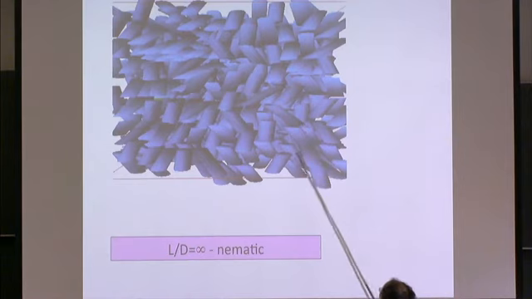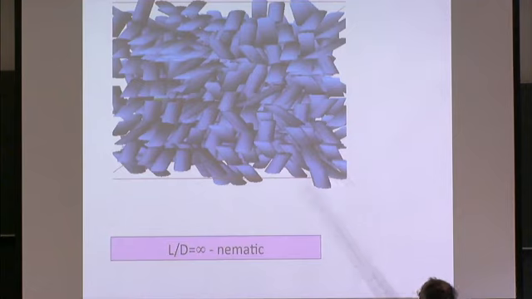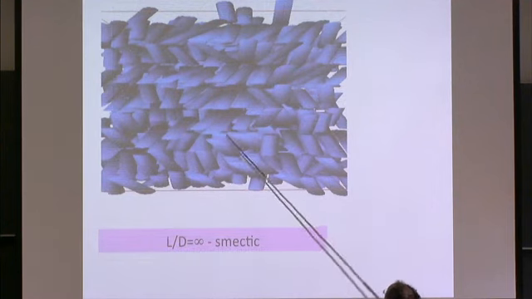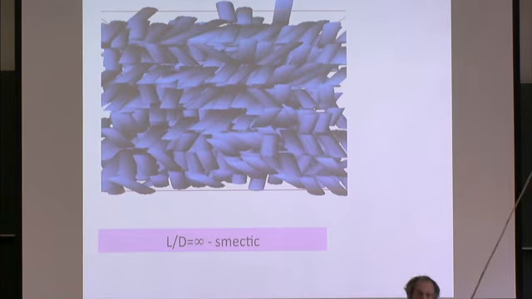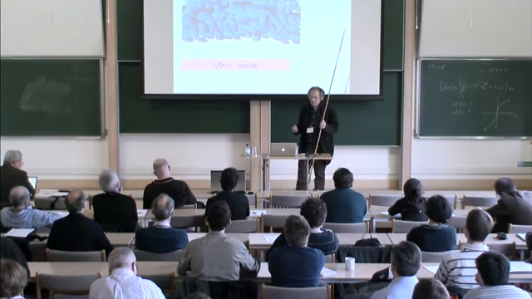So you see these things fluctuate, but they don't fluctuate wildly. This one, pretty wild, but they don't go all the way through the box to the other side. So this is a doable simulation. You increase the density, and this is what you see. You see layers forming.